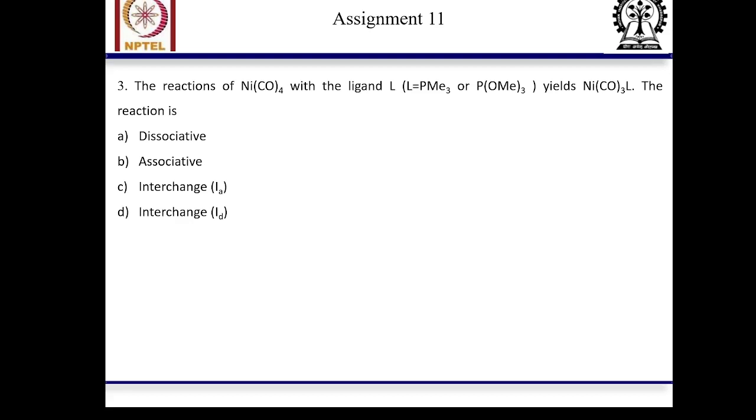Because for associative, I think most probably, from 4 to 5 it can easily go, right? With 4 we have, with 5 we have trigonal pyramidal and square pyramidal.